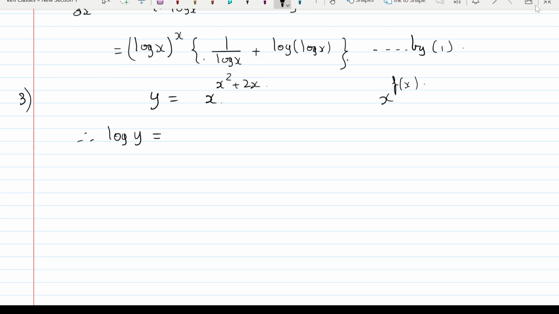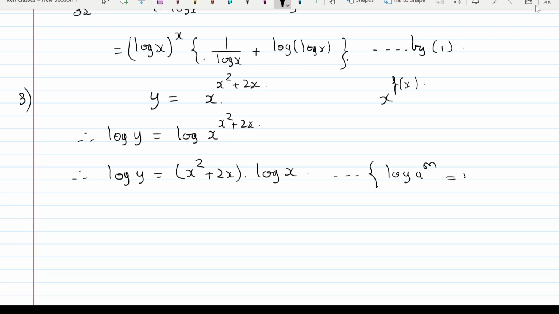First step, log y is log of x raised to x square plus 2x. Next step would be use laws of logarithms. Log y is equal to x square plus 2x into log x. Reason, log a raised to m.